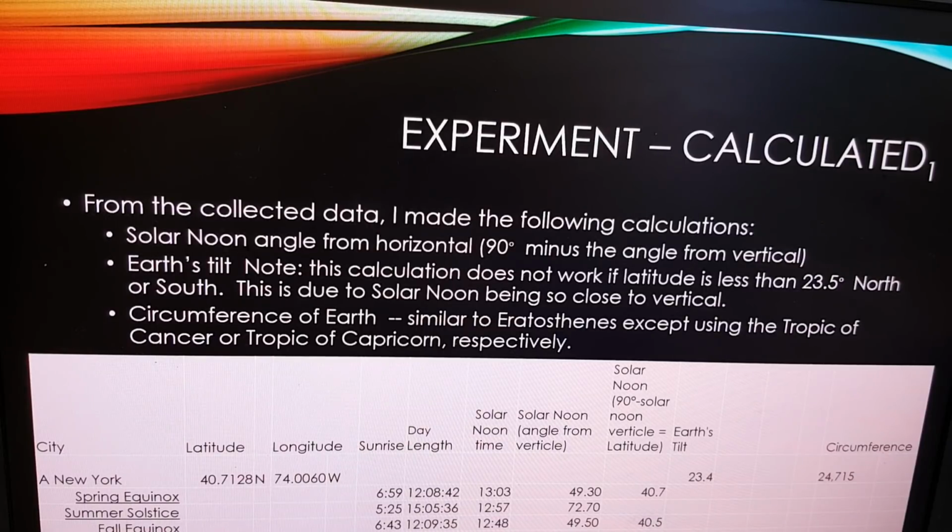And then finally, my calculation, I did the circumference of the Earth, which is going to be very similar to what Eratosthenes did, except instead of using two cities, I used the city that I chose and the Tropic of Cancer or Tropic of Capricorn, respectively.